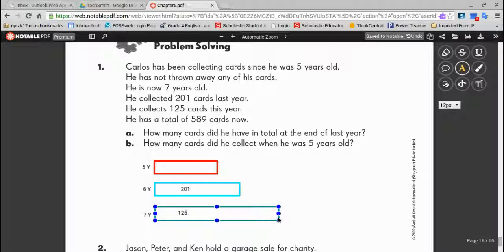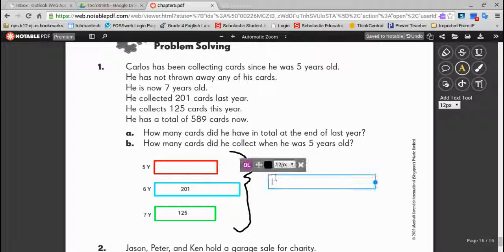So I'm going to take this bar model right now and fix this just a little bit. He has a total of 589 cards now. So I know that this whole thing together, and let's use black, this whole thing together is 589 cards.